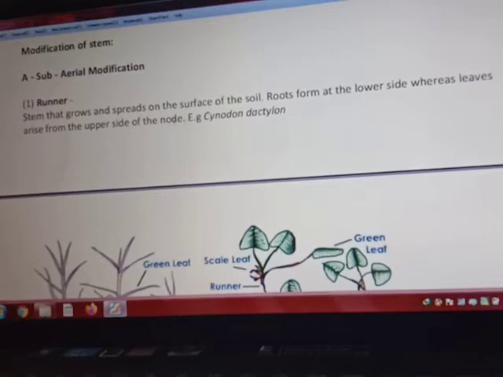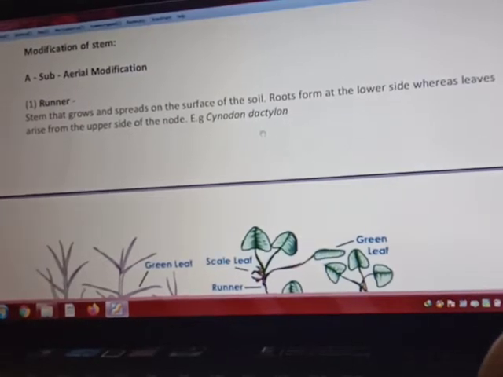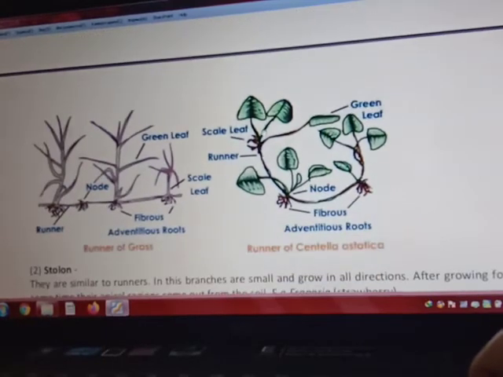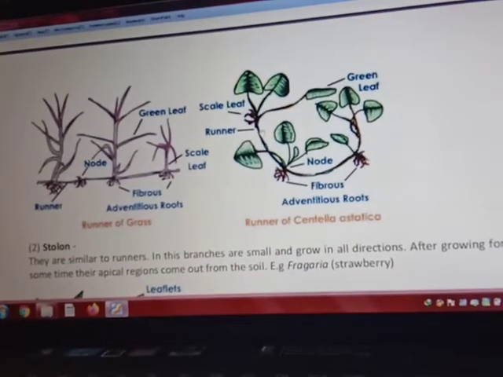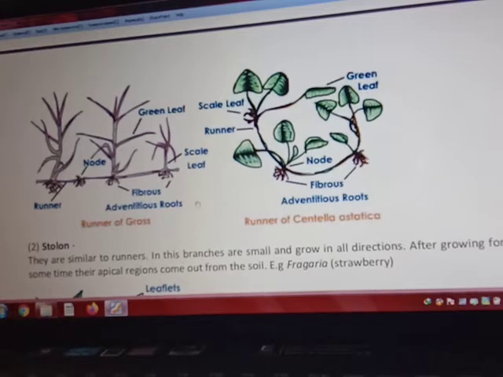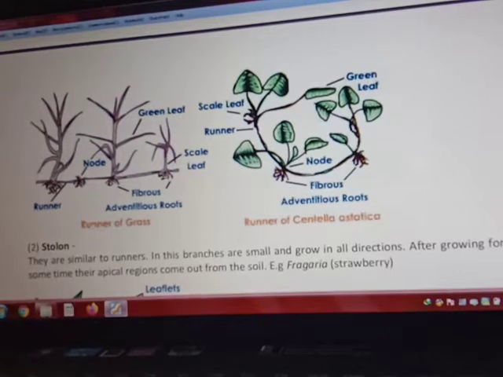Its example is Cynodon dactylon. It is the name of a plant. That was the runner. You can see here also the runner of grass, and the runner of Centella asiatica plant. These are the runners.